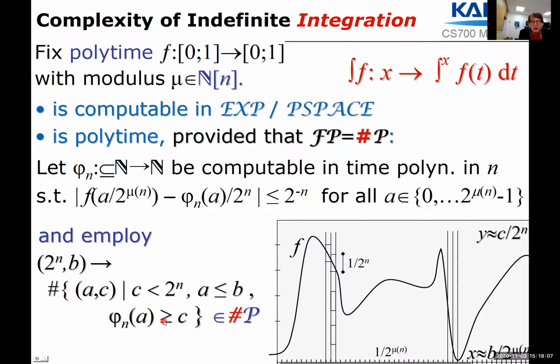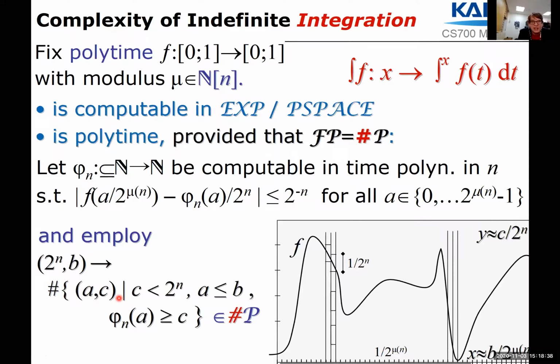And what I still owe you in this slide about indefinite integration is to convince you that being able to solve this counting problem in polynomial time, which is the same as saying time polynomial in the binary length of the input, allows us to approximate the indefinite integral up to error 2 to the minus n.